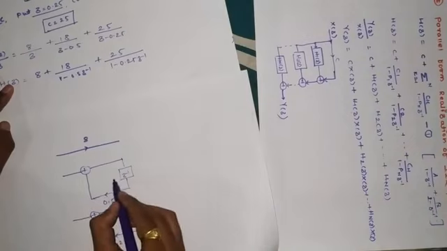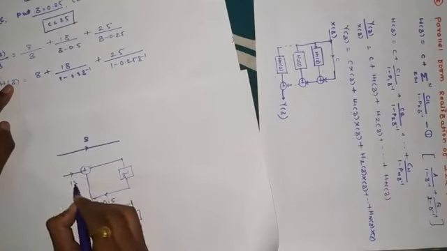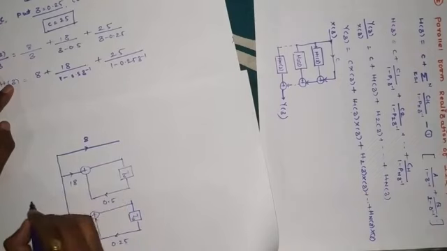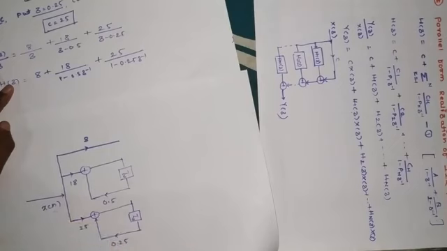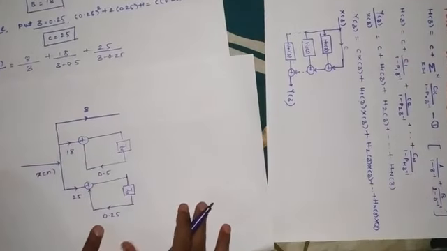Now for H1 of z we have a gain of 18, so this is multiplied with 18, and this is multiplied with 25. These three systems will have a common input, x of n. In the next step we have to simply add them.